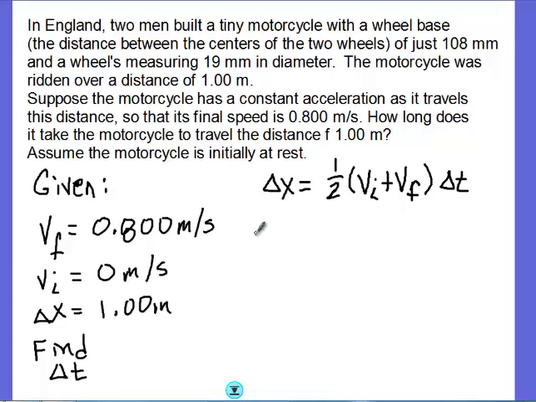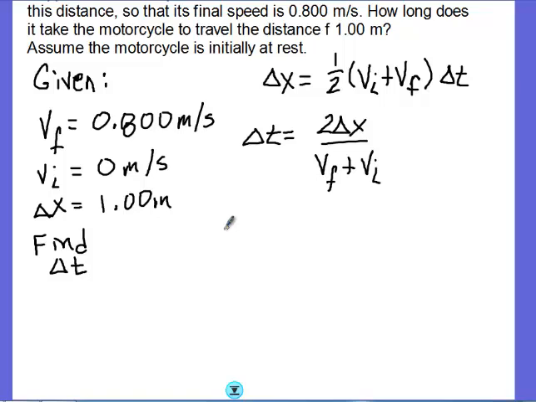We're going to rearrange the equation so that we can solve for delta t. And then we'll plug in our values and solve for time.